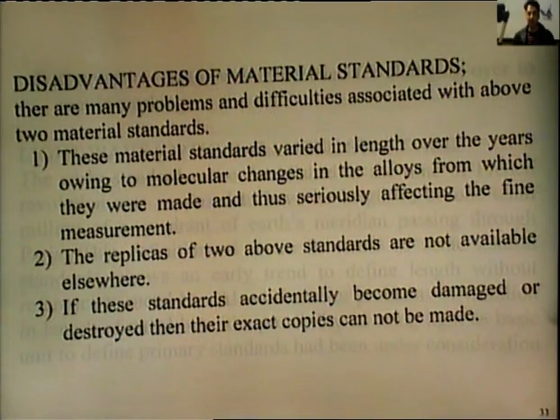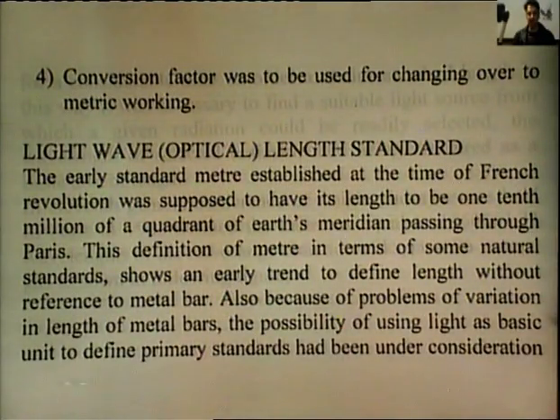The replicas of the two standards are not available elsewhere. If these standards accidentally become damaged or destroyed, then exact copies cannot be made. Another disadvantage is that a conversion factor had to be used for changing over to metric working.